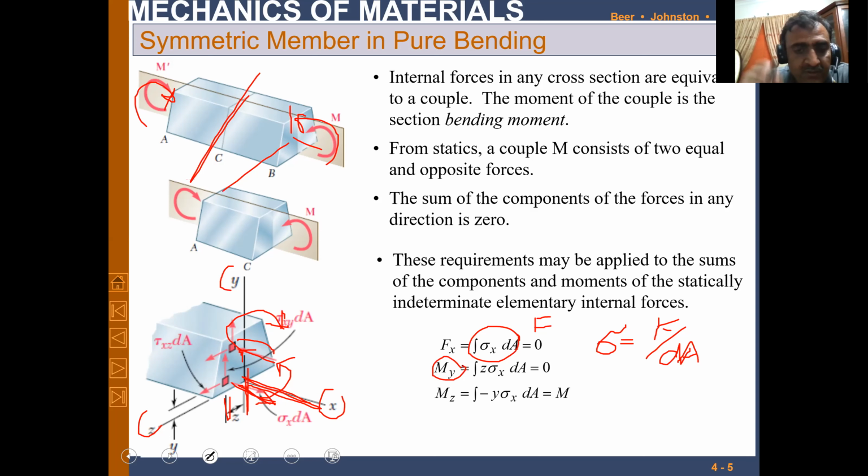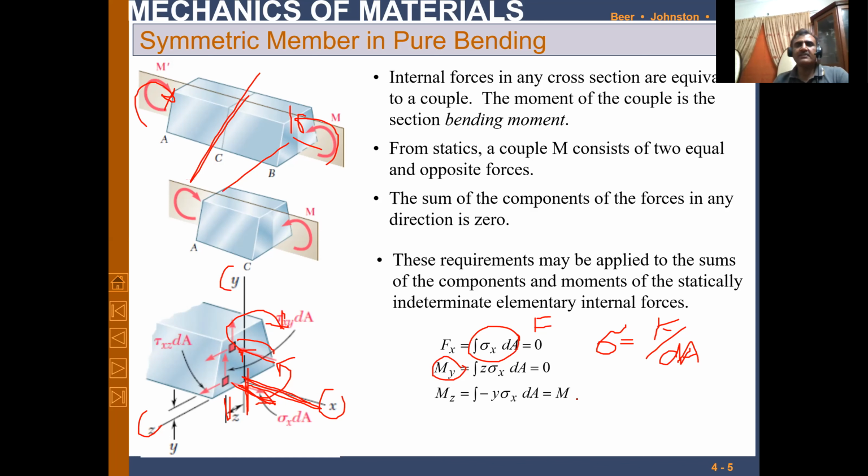But the moment about z will not be equal to 0, because we have already discussed in the earlier note that one is going in, another one is going out about the neutral axis. So both directions will be the same. When the direction is the same, they will add up. So Mz, the moment about z, is not equal to 0. That is, the moment about z is M, and the minus sign is showing that this component is below the neutral axis, so the y distance will be minus.